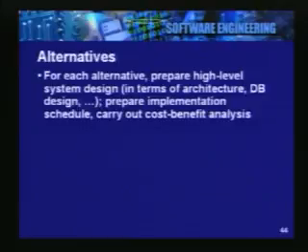For each alternative, we prepare a system specification, we prepare an implementation schedule, and if necessary we carry out the cost benefit analysis, because the costs are going to rise significantly from this point onwards. Since we understand the scope better now, we will be able to do a better cost benefit analysis at this point.